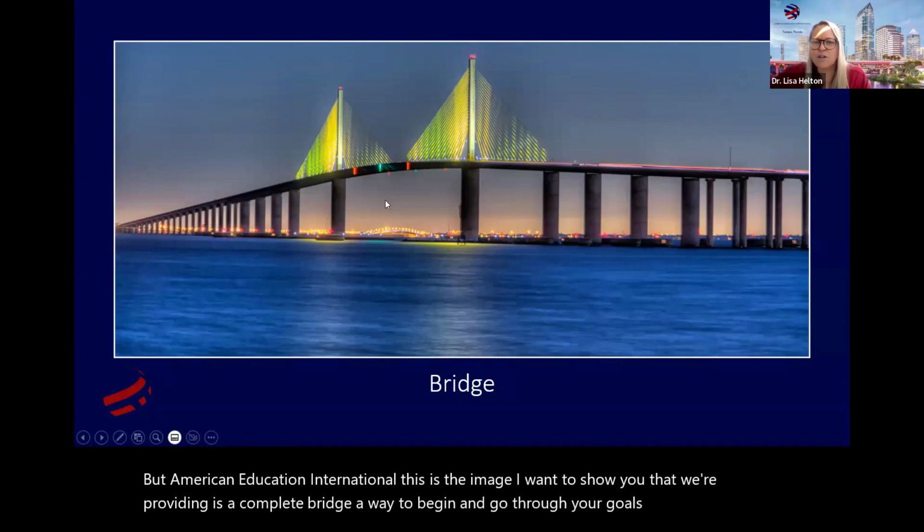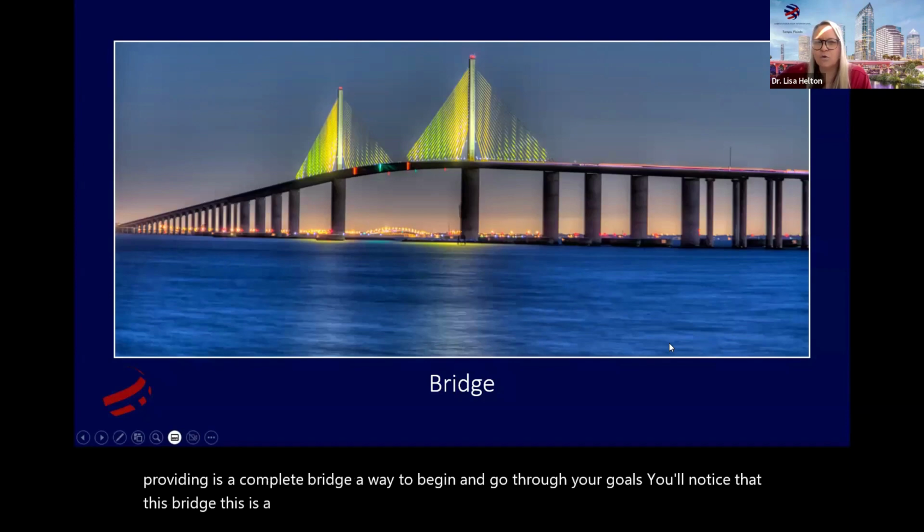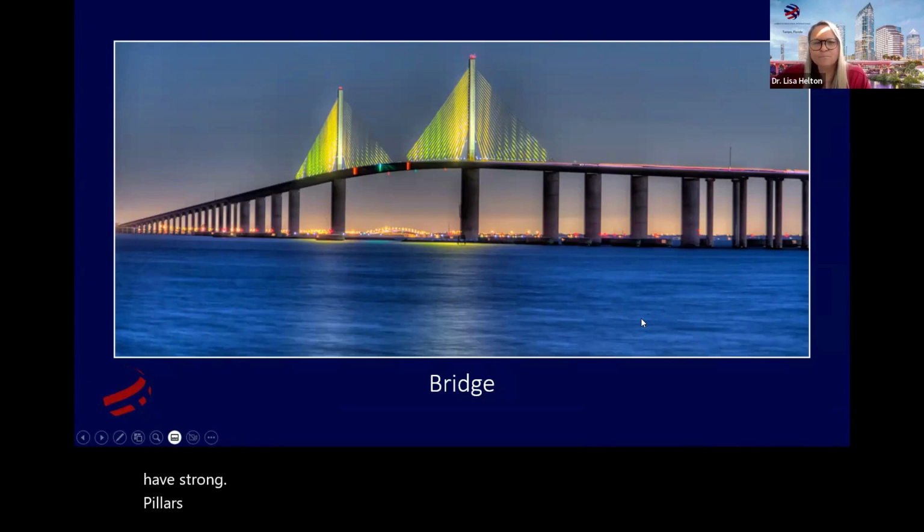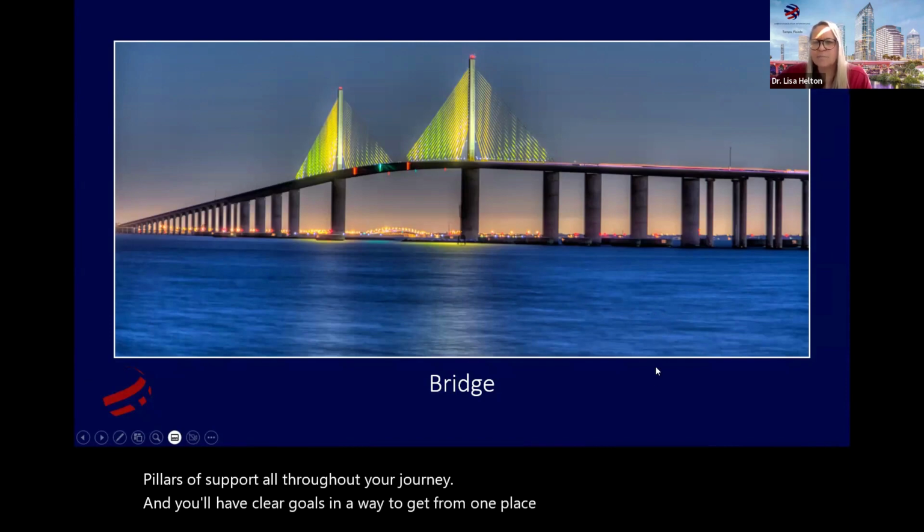You'll notice that this is a bridge we have here in Florida. It's called the Skyway Bridge. It has strong support systems, and that is the way American Education International is built, so that you will have strong pillars of support all throughout your journey, and you'll have clear goals and a way to get from one place to another. It will not be a broken bridge.